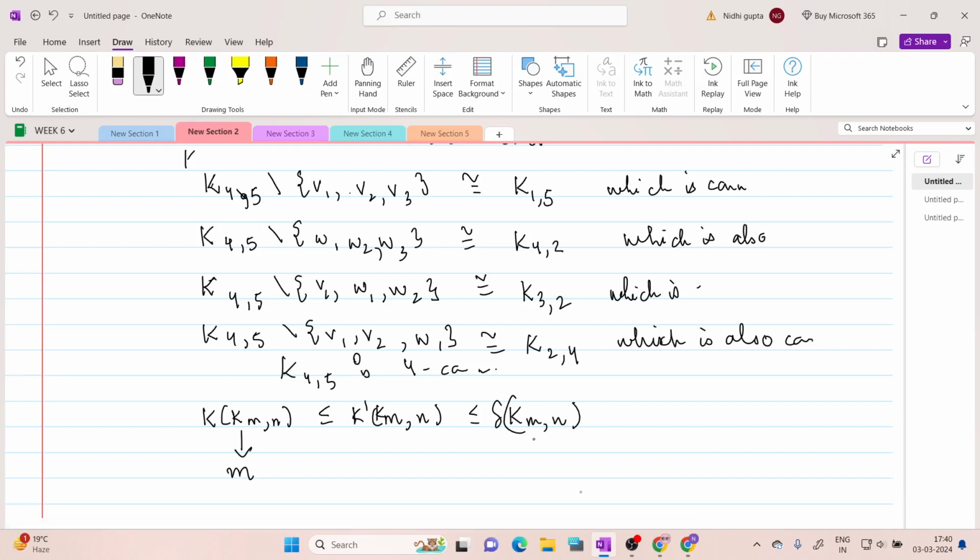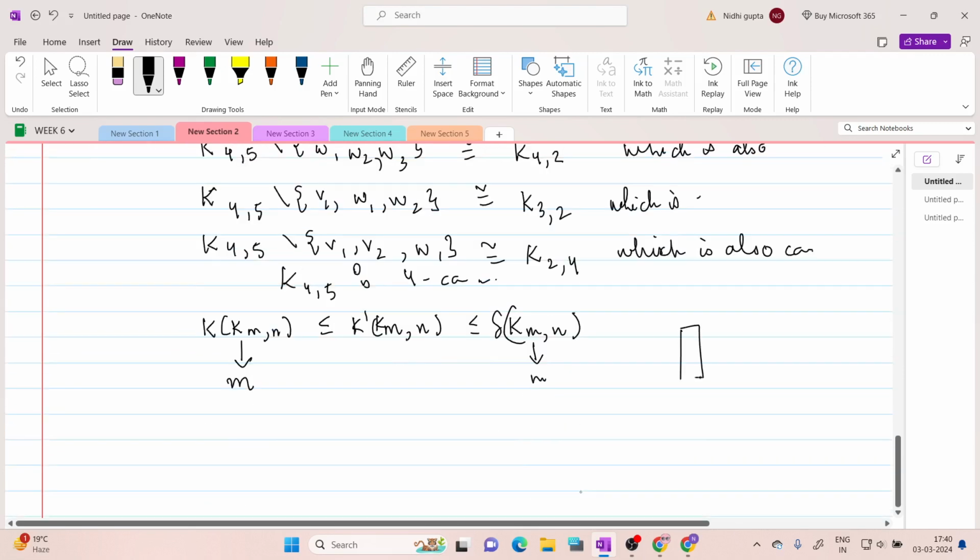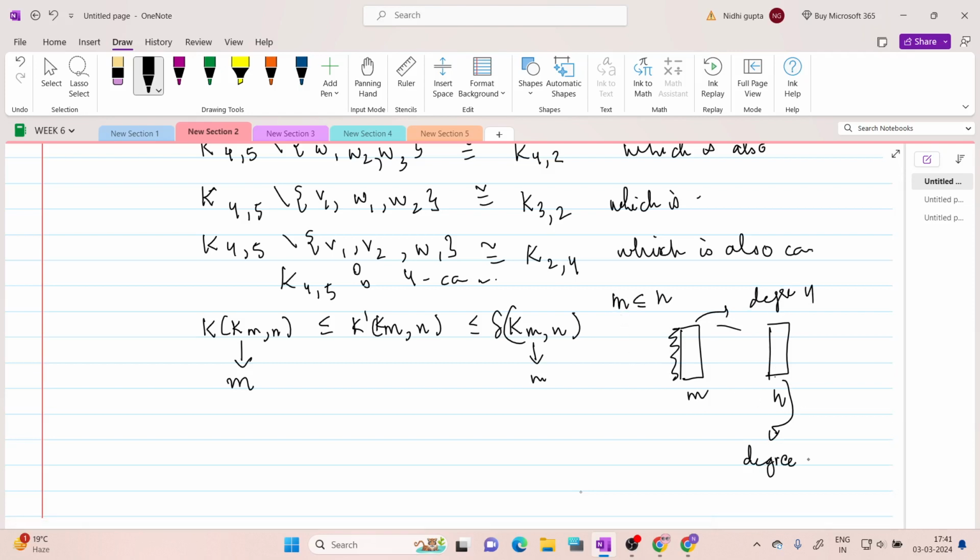M. Yes. Because if we have KMN, this has M vertices, this has N vertices. So any vertex here will have degree N, and any vertex here will have degree M, and we already know that M is less than or equal to N. Therefore the minimum vertex degree is M. And now using this inequality we can say that edge connectivity is also M, right?